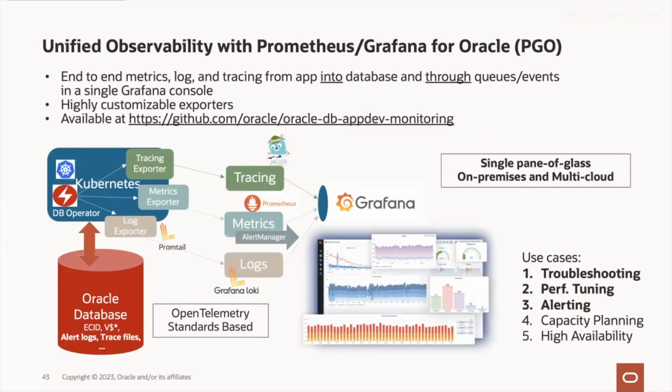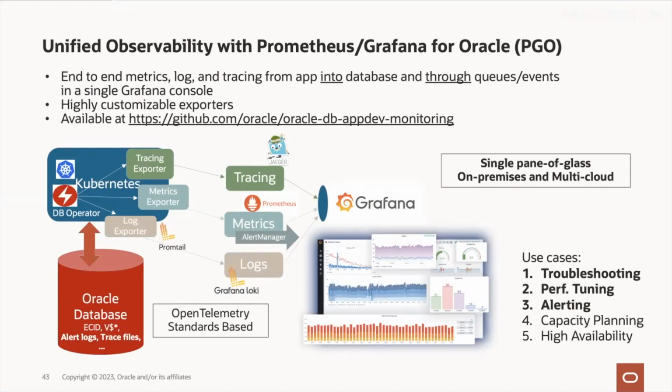PGO uses a framework of open standard components to address the difficulty developers face in correlating between disparate monitoring, tracing, and logging tools when troubleshooting, tuning, and testing distributed applications. This comprehensive coverage utilizes the popular PLG stack to collect, correlate, and graphically analyze across metrics, logs, and traces, facilitating a unified view of the system within the single pane of glass.